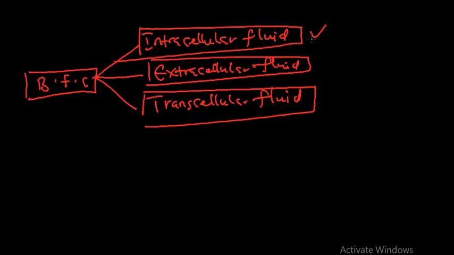It includes fluid like blood plasma and interstitial fluid which surround the cell. And the extracellular fluid is further categorized into two: the intravascular and the interstitial.